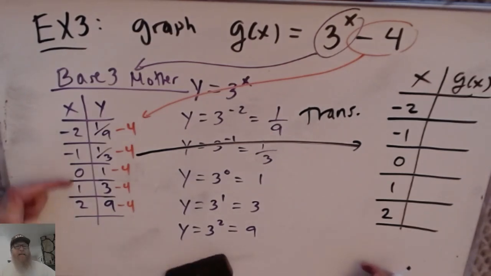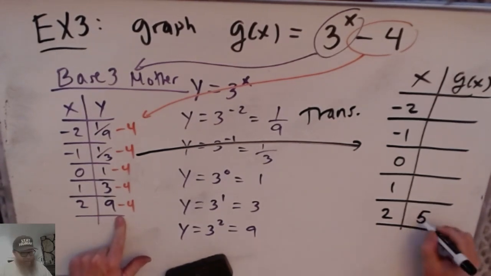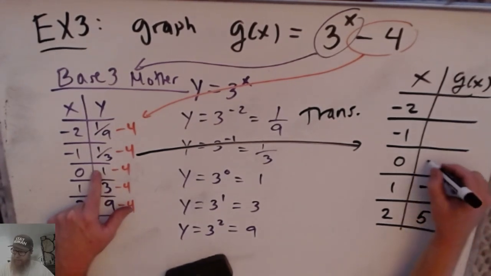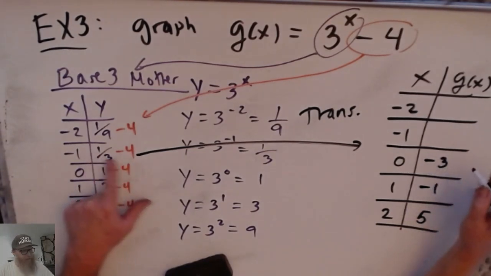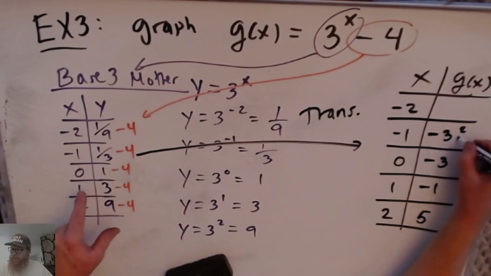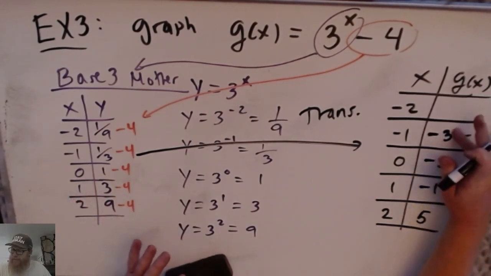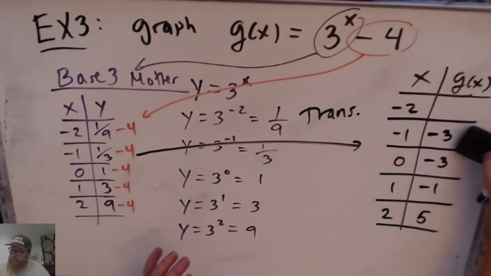I didn't do anything to the x's. So the x's are staying the same x's here. But I'm transforming my y's. I'm not really going to bother with these too much. It's going to be negative 3 2/3. That'd be 3.666666.